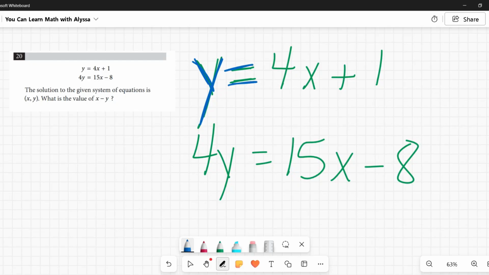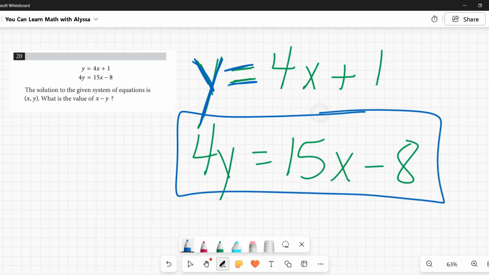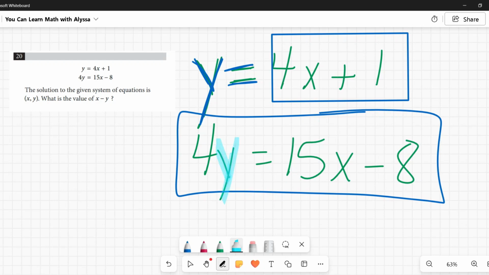Since y is equal to 4x plus 1, I can go into my second equation and substitute what's over here on the right-hand side every time there's a y. There's a single y, 4 times y. So I'm going to take this 4x plus 1 and I'm going to plug it in right there where there is that y.